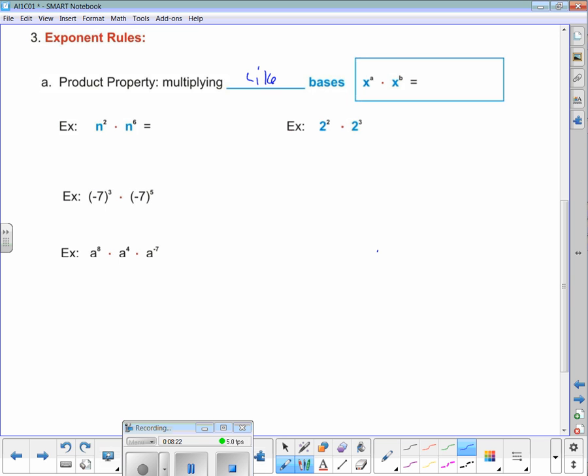That's all it is. It's just a time saver. So notice we have like bases. What's the base for the exponent a and x? What's the base for the exponent b and x? The same base, like bases. You can only do the rule if the bases are the same. If you don't have the same base, you can't do the rule. And hopefully everybody remembers the rule.